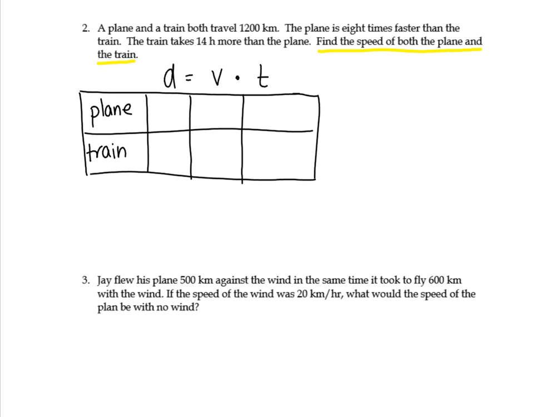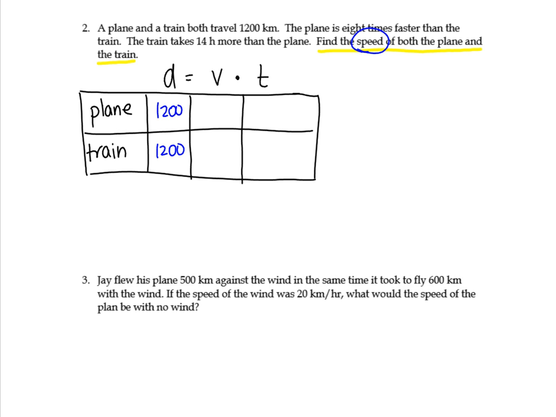The distance, because they both travel 1,200. Okay. Now, what is the next one we want to fill in? What are we looking for? Speed. So that's the one we want to put the variable with.